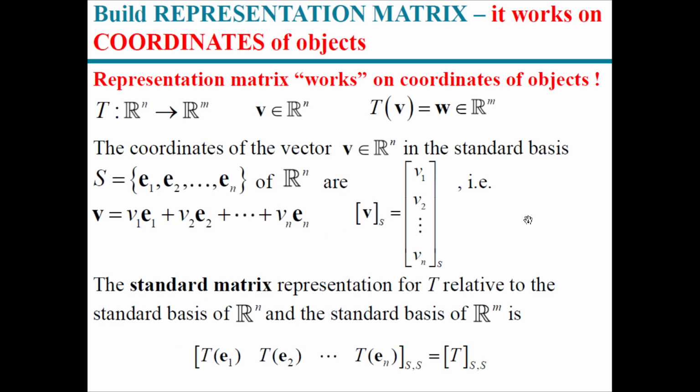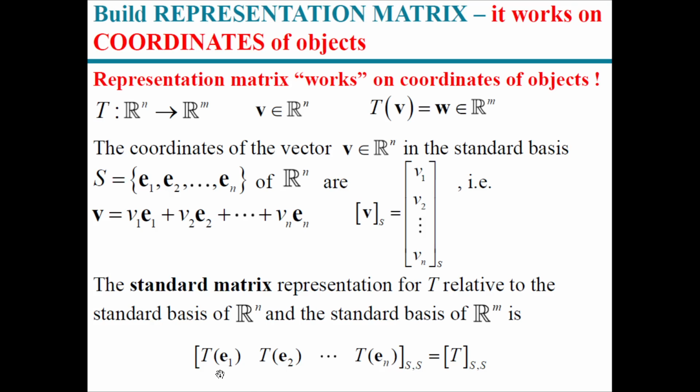So now I repeat the same thing again, just to make sure that you understand what's going on. Again, representation matrix will work on coordinates, and that's why I need to be careful here. If I build a standard matrix, the columns are just images under T of each basis vector from the standard basis of the input space, and the results are vectors in R^m.